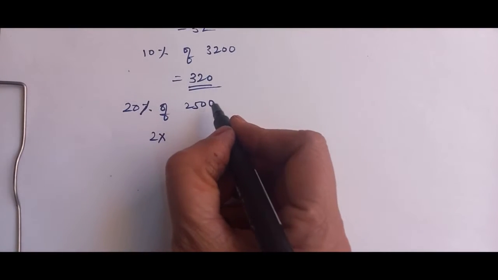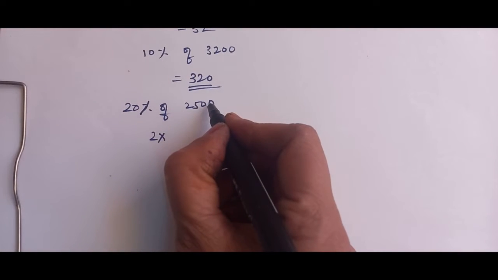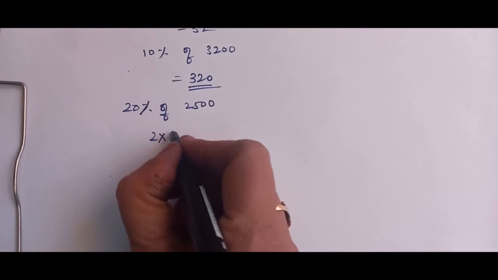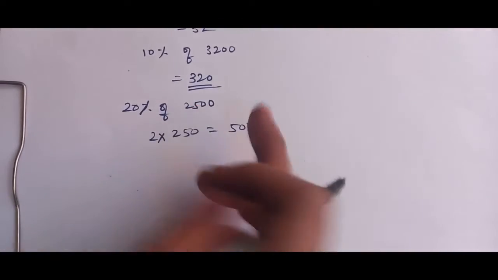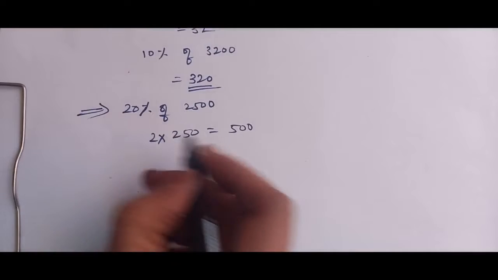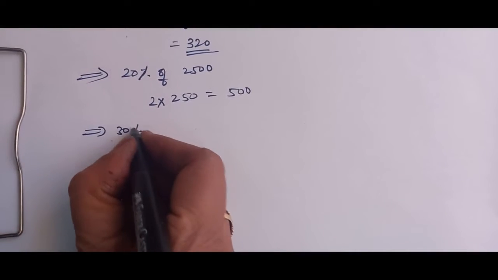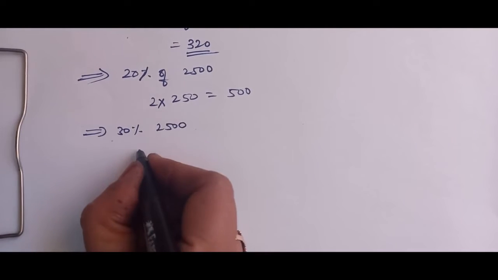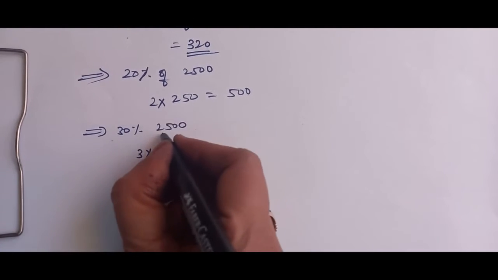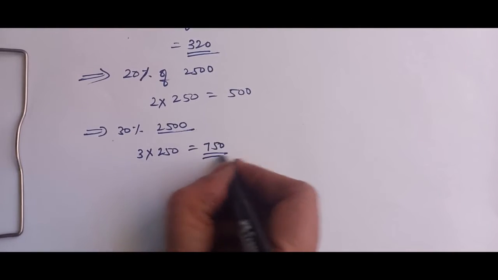So in 10 we have only 1 zero. So keep the decimal after one digit. 2 into 250. So that means 500. 20% of 2500 is equal to how much? 500. For example, 30% of 2500. That means 3 into 10% of this number, which is 250. So 750 is the answer.